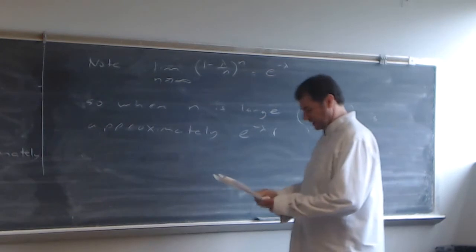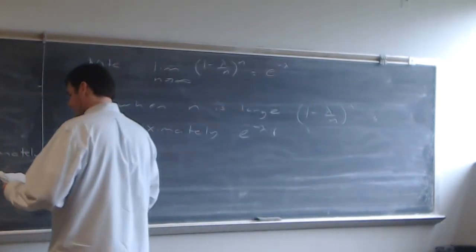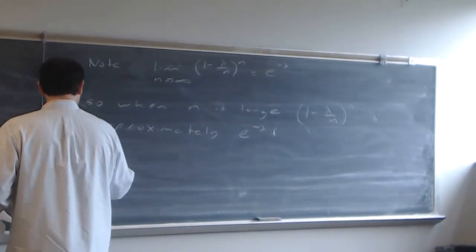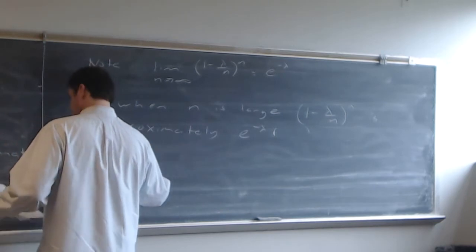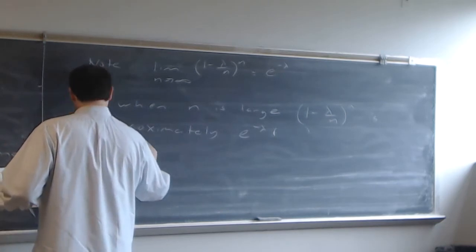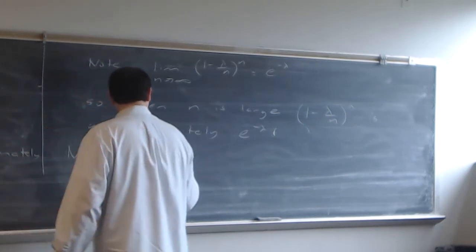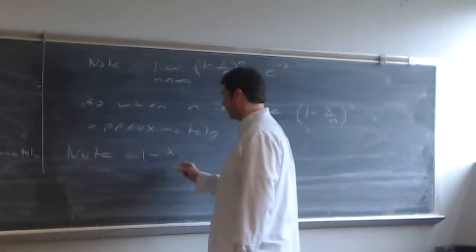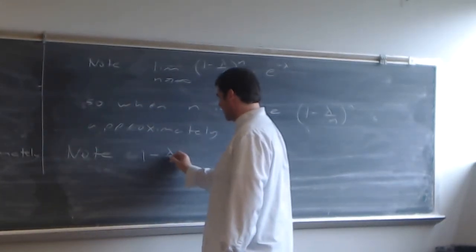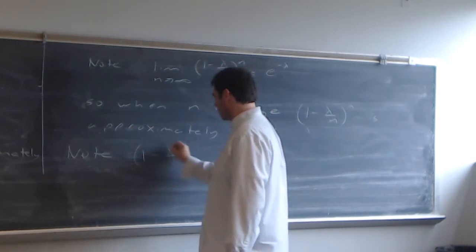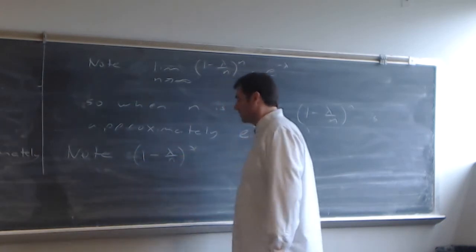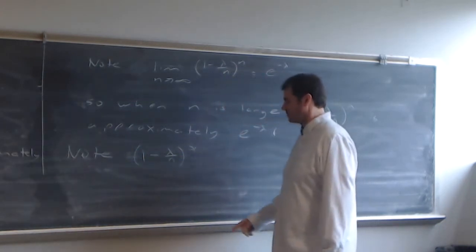Now, the next thing I want to look at is when p is small. The other part involved in the PMF of the binomial is 1 minus lambda over n raised to x. That was the denominator, that last fraction.